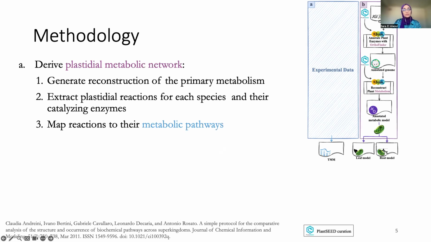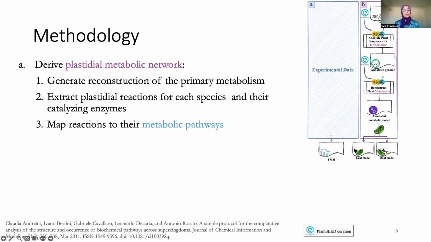And then we generate the metabolic reconstruction. In this example, I'm going to be talking about just a plastidial metabolic network, not the full primary metabolic network. So we start from the genome. We use the apps from KBase that I'll talk about in a bit. And then we implemented a separate app where you can take the primary metabolic network and extract the plastidial model.